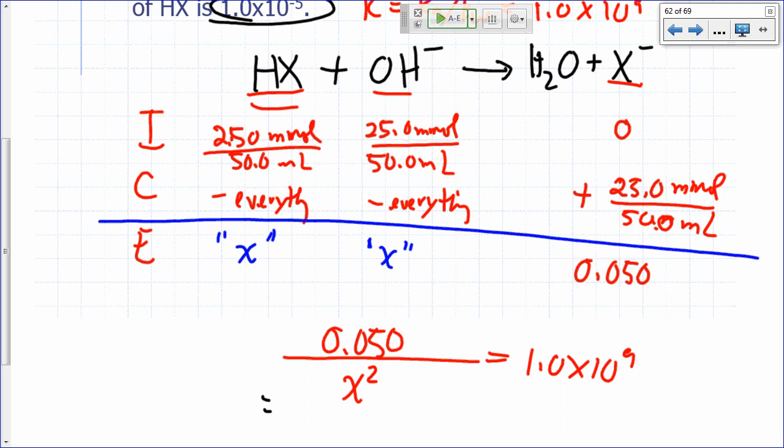Actually, there should be a minus x here. Why? Because if you have trace amounts left, then this is not fully 0.05. This is 0.05 minus x. Okay, so there's a minus x there, but we're going to ignore that because we know that's going to be a small amount compared to 0.05.